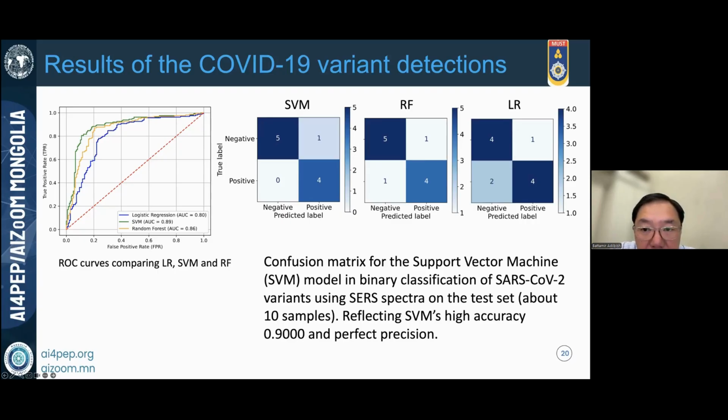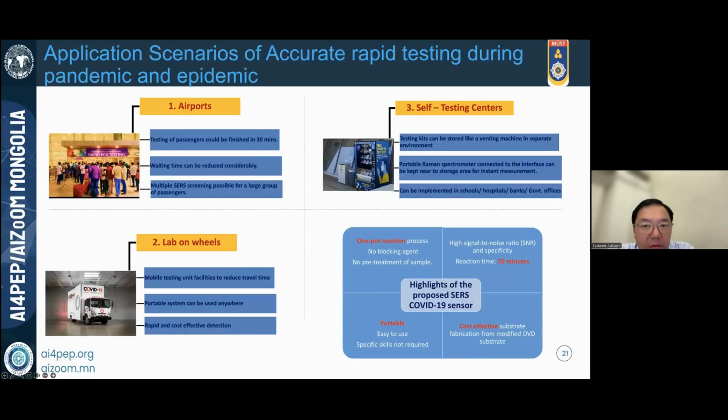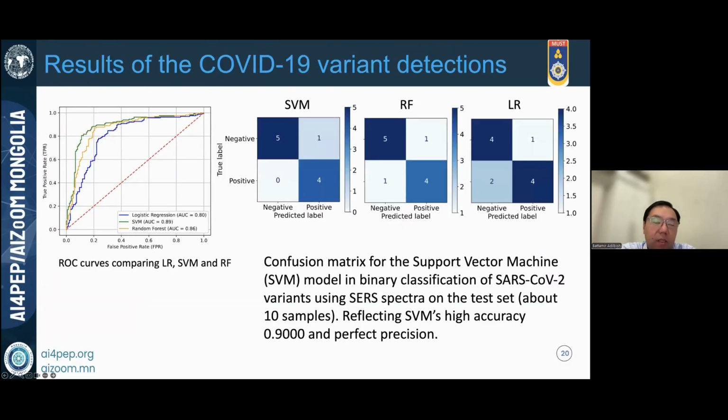So this result confirmed that the SVM provides the clearest separation between the positive and negative cases, making it the most reliable choice for our dataset. Now we are collecting more data sets, and we are also developing deep learning methods for detecting the variants.